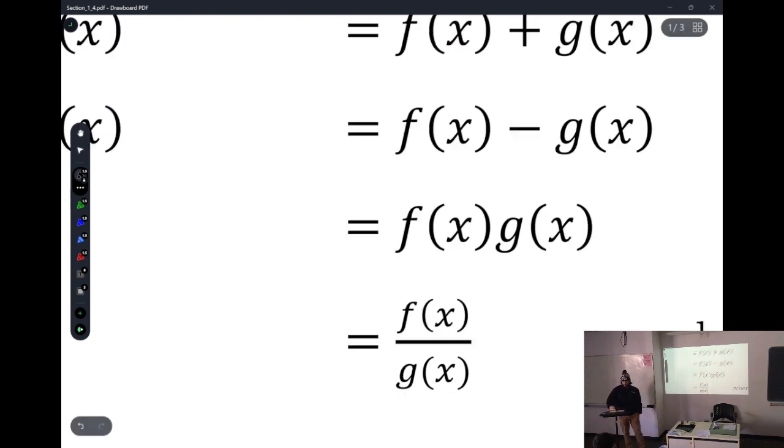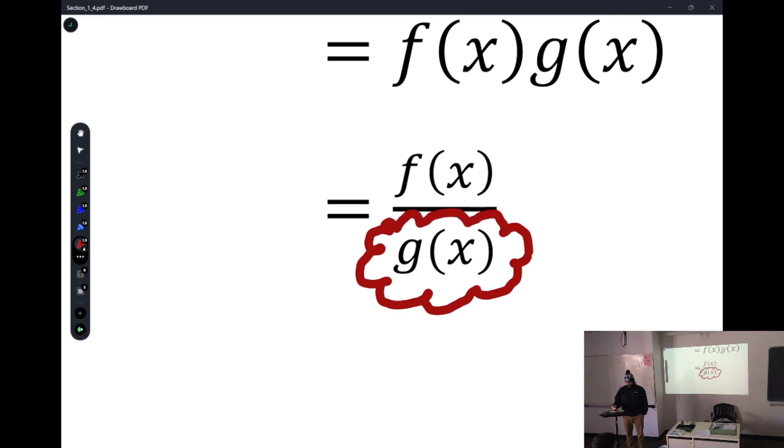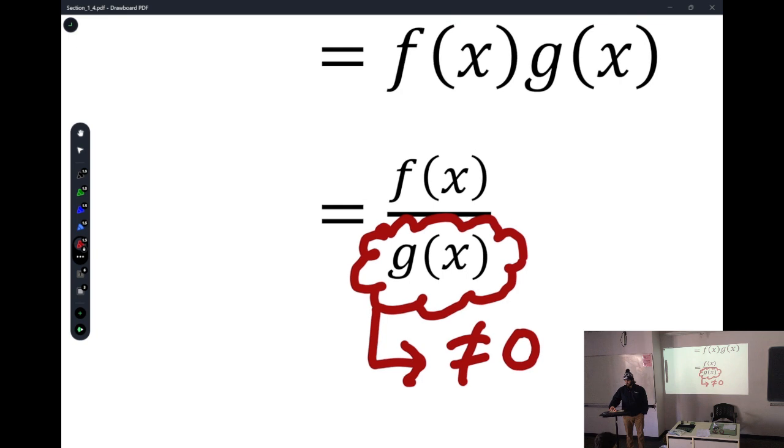There's only one hiccup. I know you have your paper. Pretend like you don't. Don't look down. This would be the only hiccup right here. What's the hiccup that gets introduced, or the scary thing, or the bad thing? This thing, right? What about it? And that says it probably literally right next to it, doesn't it?